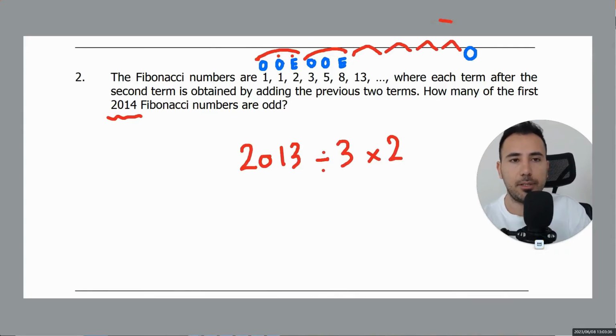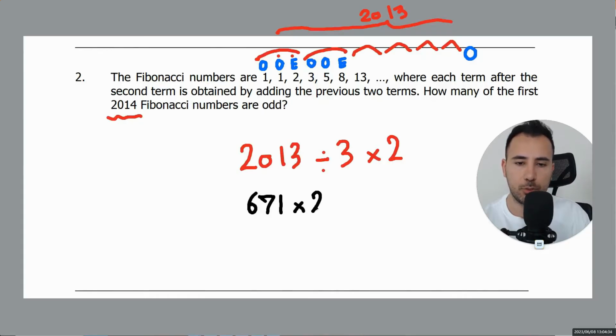So we have a lot of these. The first 2013 is here, and then 1 odd will be left. So how many groups are there? 2013 divided by 3. It's not going to be 600. It's 671.